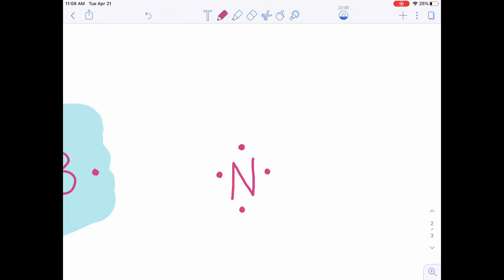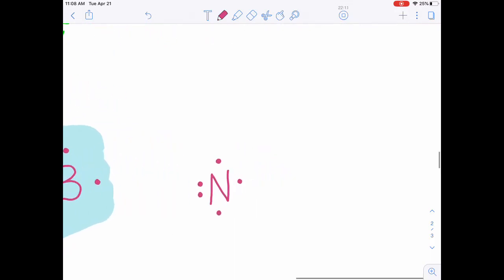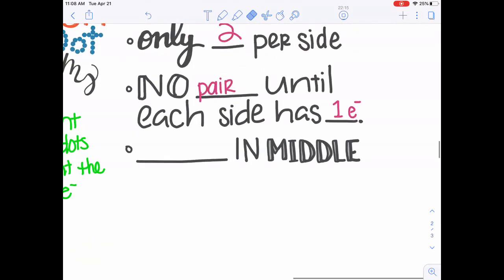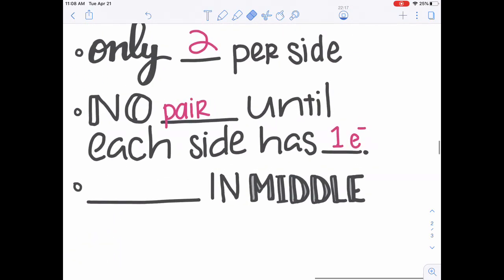It does not matter which side ends up with that pair. You can draw it wherever you want, but that is one example of this rule: no pairs until each side has 1 electron.